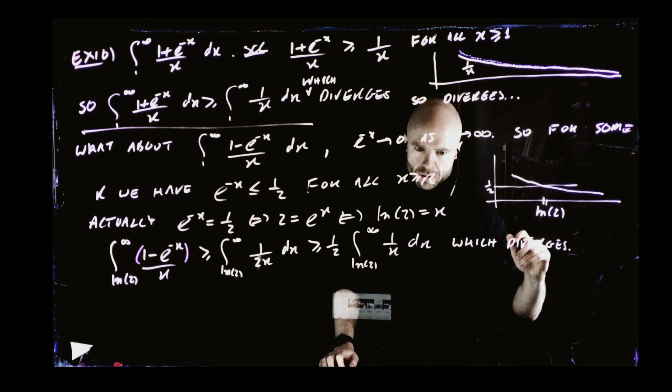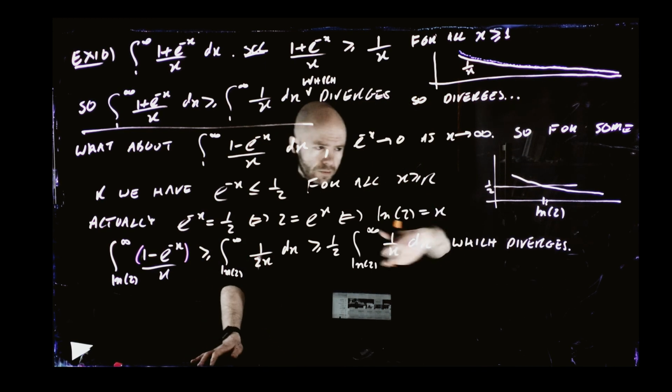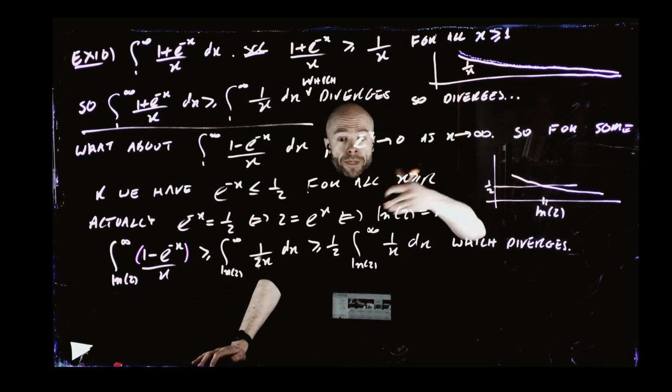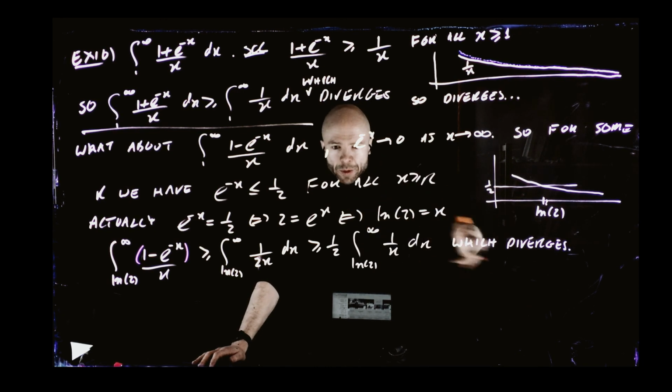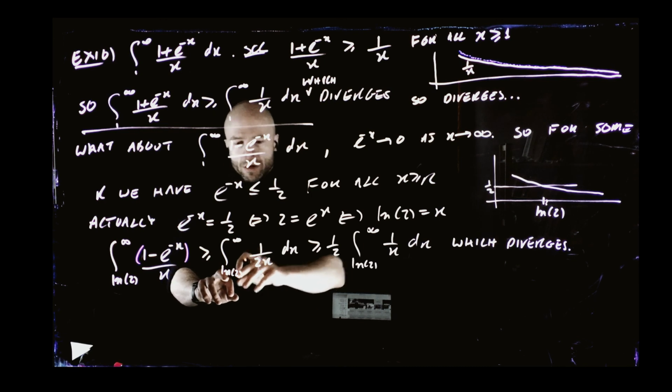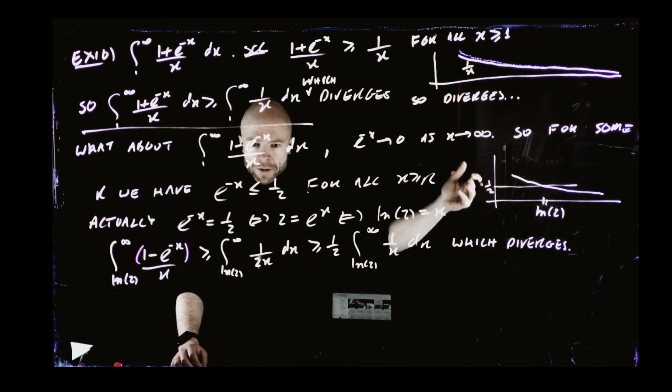So the answer that the last student gave me is right. And all I did here is express his thought in the language of maths. Yeah? And that conclusively nailed down the issue. Because the area underneath this graph from log 2 to infinity is infinity.